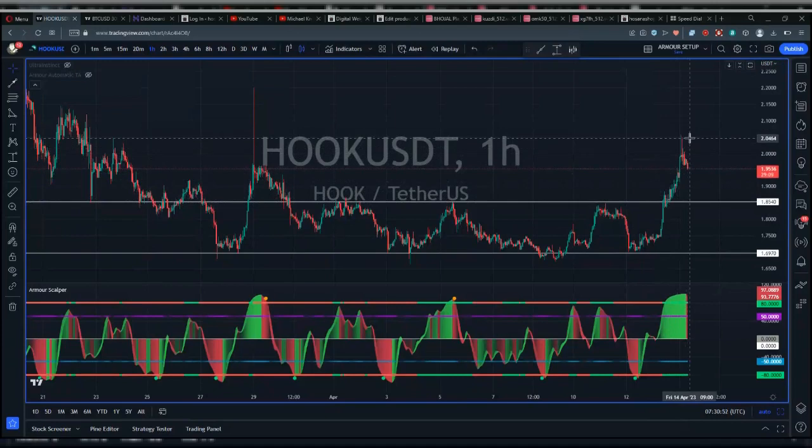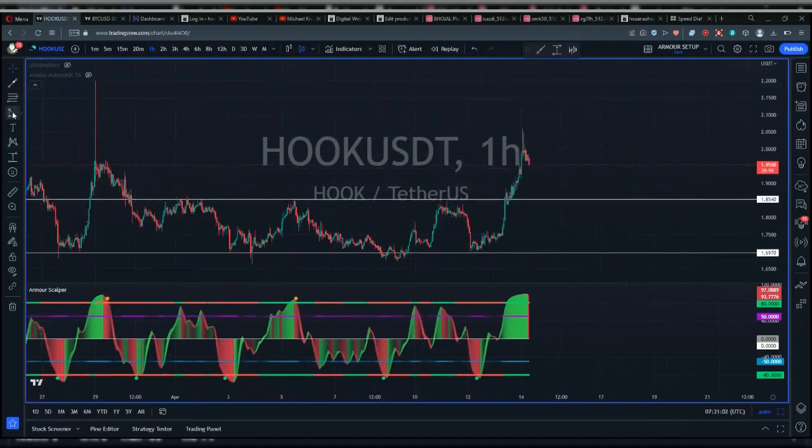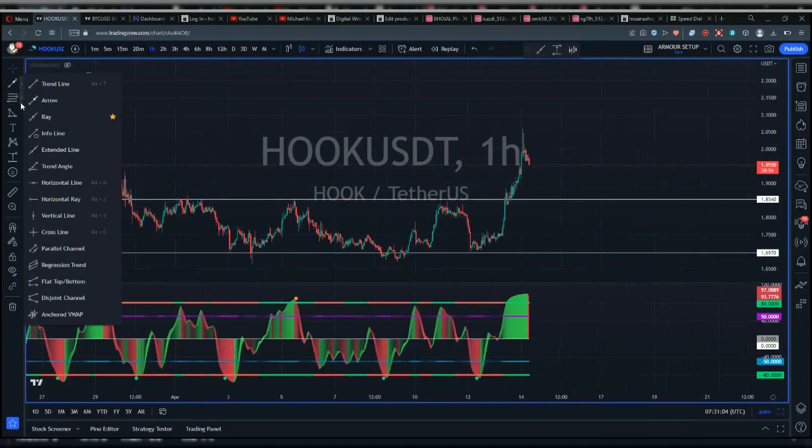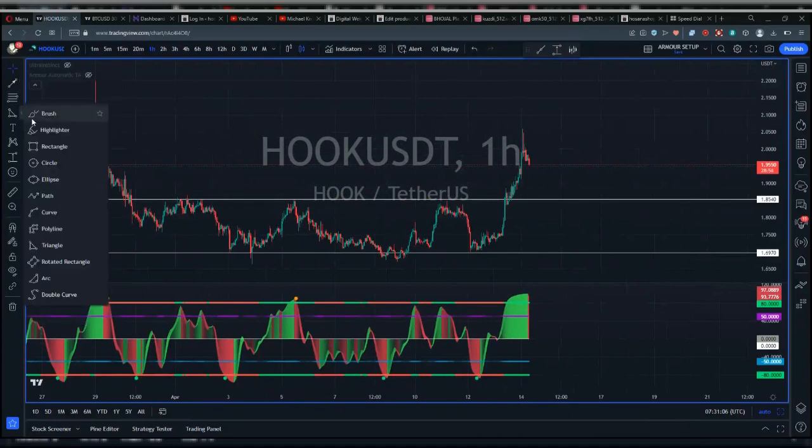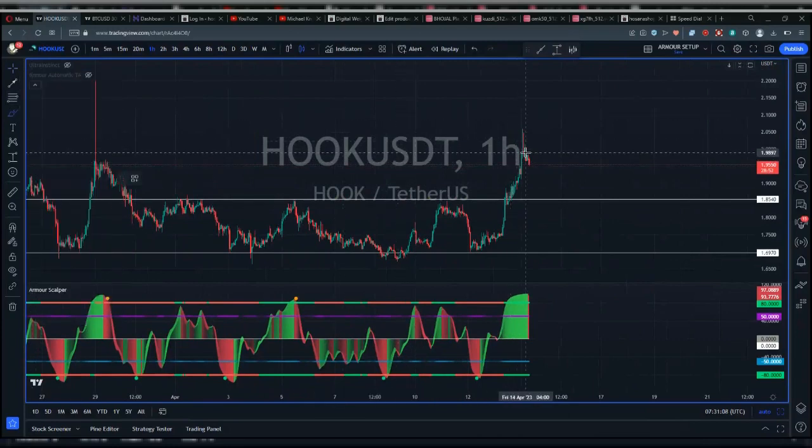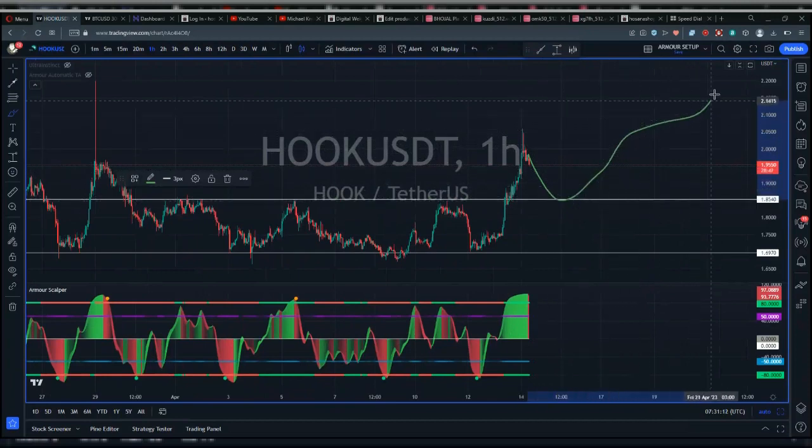It keeps going up. Now it's cooling off, and it could come back here again to retest, and then eventually move up. So we are not here to love any coin. We are just here to make money and forget about this coin.